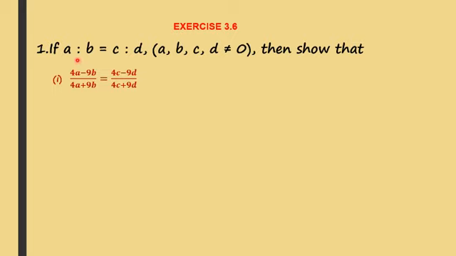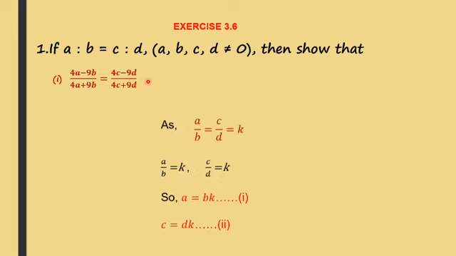Here we have given a ratio b is equal to c ratio d, and then we have to prove (4a minus 9b) over (4a plus 9b) equals (4c minus 9d) over (4c plus 9d).